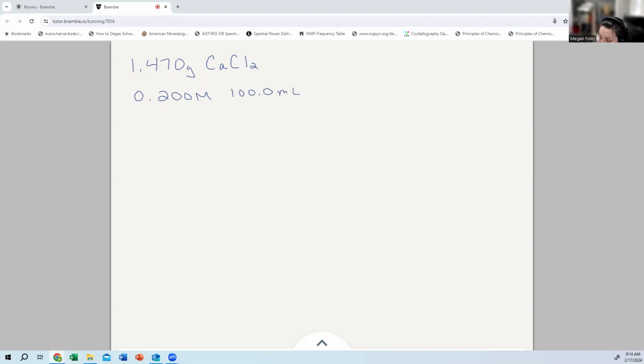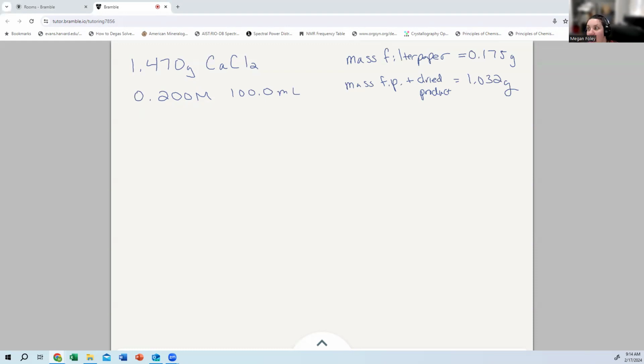And then we also had the mass of our filter paper. In this example, I'm going to use 0.175 grams. And then we have the mass of our filter paper plus dried product, which in this example, I'm going to use 1.032 grams.